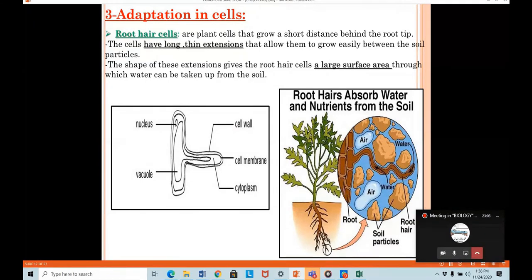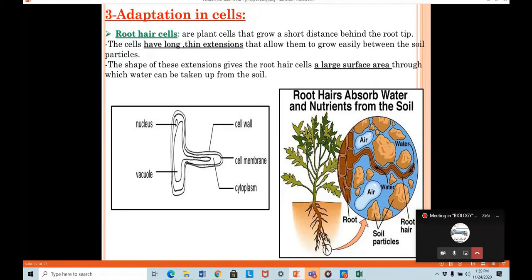So the shape of these extensions gives the root hair cells a large surface area through which water can be taken up from the soil. Meaning, be it a tap root or a fibrous root, which we studied in our lesson 1, the root hairs are like tiny hairs or extensions which can grow and spread out in the soil.